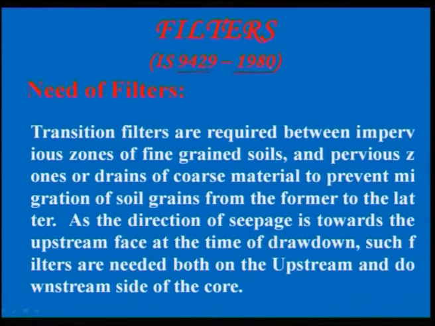Transition filters are required between the impervious zone of fine grained soil and the pervious zones or drains of coarse material, to prevent migration of soil grains from the former to the latter. As the direction of the seepage is towards the upstream face at the time of drawdown, such filters are needed both on the upstream and downstream side.